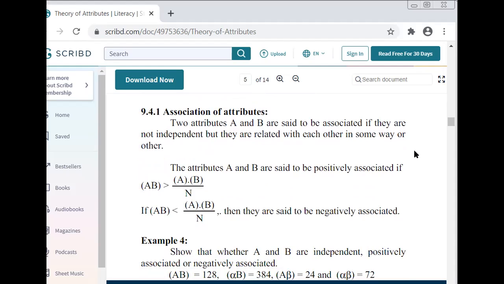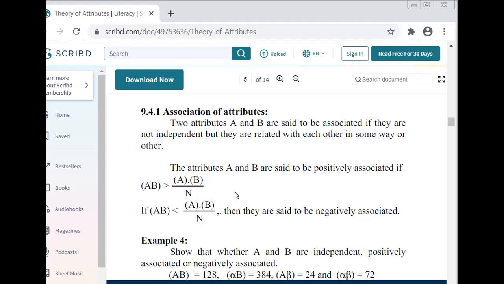Here, the two attributes A and B are said to be positively associated if the frequency of AB is greater than frequency of A into frequency of B by capital N. After simplifying, if the frequency of AB is greater than this, then you can say that A and B are positively associated.